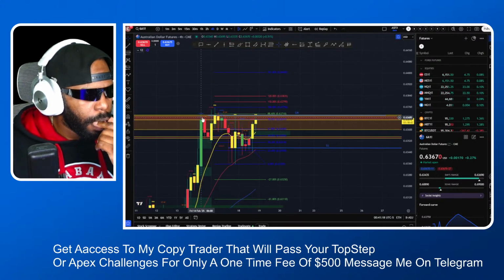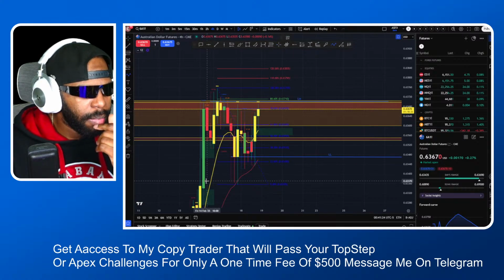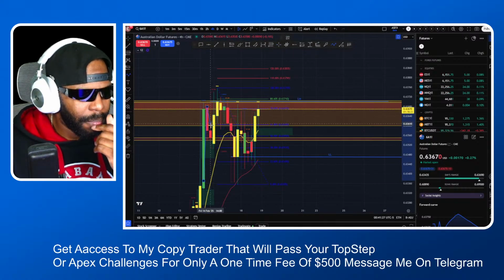Technically, we're bearish, because at one point we were creating higher highs and higher lows, and then we created a lower low here, which changed the character. And now price is making a pullback.